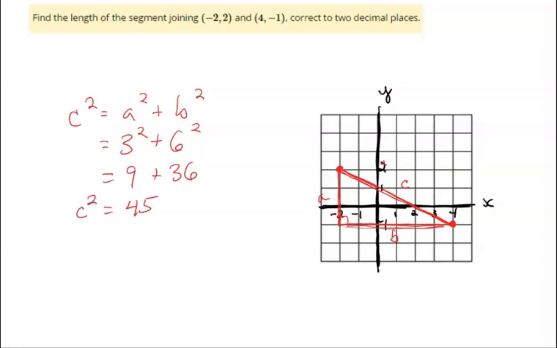So c squared is equal to 45. So c itself is equal to the square root of 45. And the square root of 45, what do they want? They want correct to 2 decimal places. So I don't want to leave it there. I'm going to write 6.71. We don't have centimeters or anything like that, so we'll just call it units. That's all you have to do.